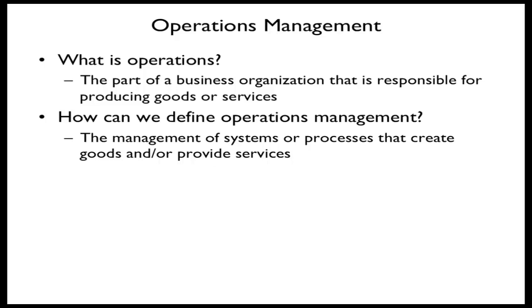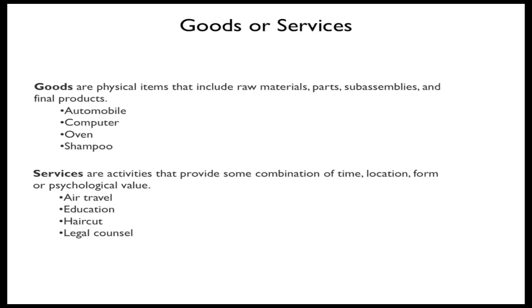So how do we define operations management? It's the management of systems or processes that creates the goods or provides the services. So here's some examples of goods versus services.